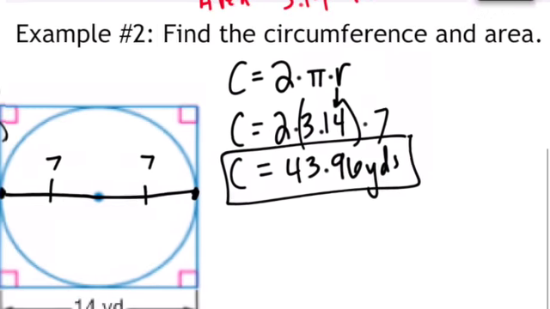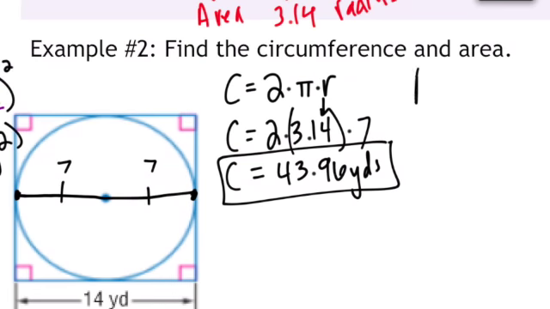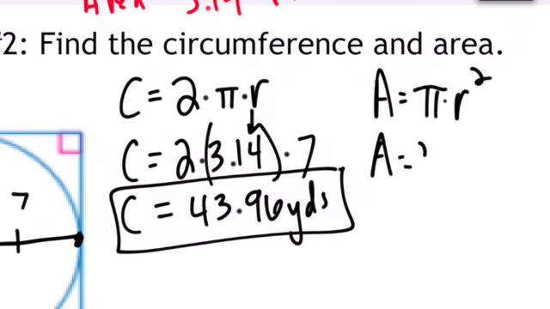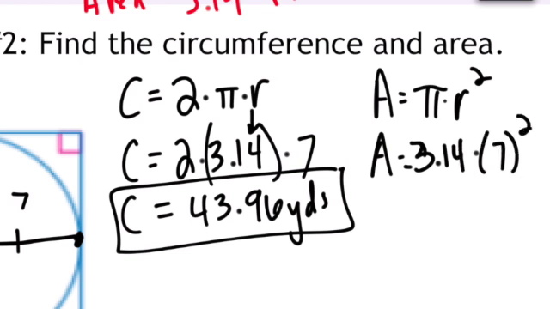And now let's go ahead and look at area. Now that we know the radius, these two problems are going to be a lot easier, right? We just have to plug in everything we know, and then plug it into the calculator. So pi we know is 3.14. We know the radius is 7.